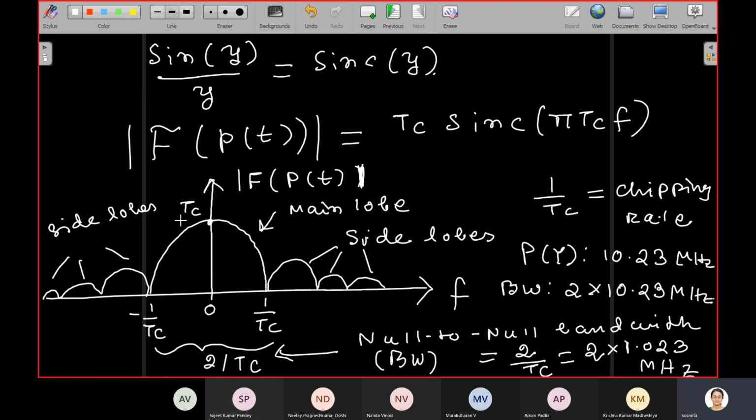See, here we have actually considered a single chip, but actually the code has multiple chips. In a code period, there are capital N chips, and the period repeats, right? So it continues in time. We have not considered all of them in this.